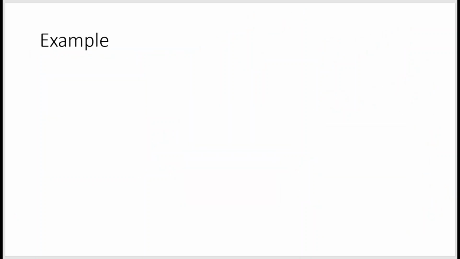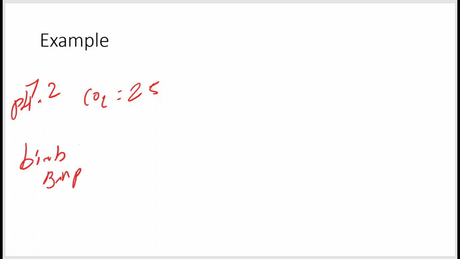Lastly, I just want to go through an example of all the concepts that we spoke about so far. Let's say we have a pH of 7.2. CO2, let's say, is 25. The bicarb on the BMP is, let's say, 14.